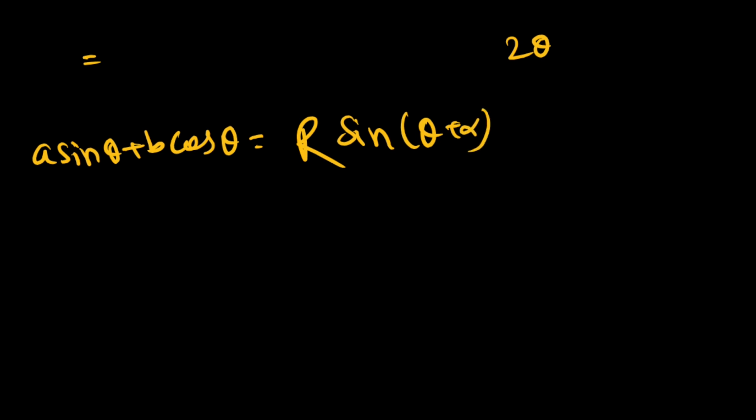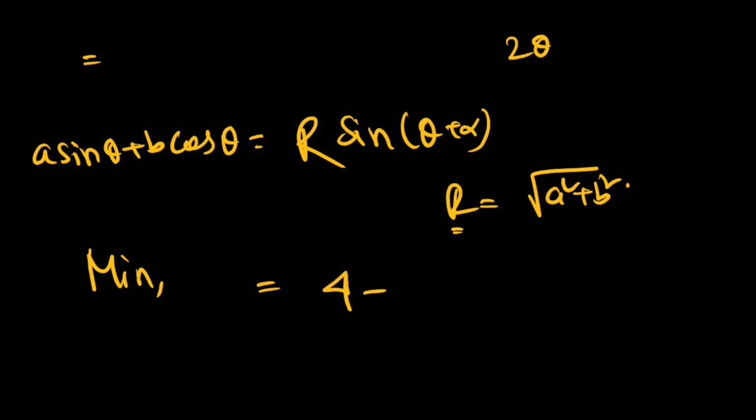Then we find the value of r, where r is root under a square plus b square, which is the maximum value. In this way we find our minimum value of this function, 4 minus root under 10 times the maximum value of the sine function, that is 1. That is our minimum value, 4 minus root under 10.